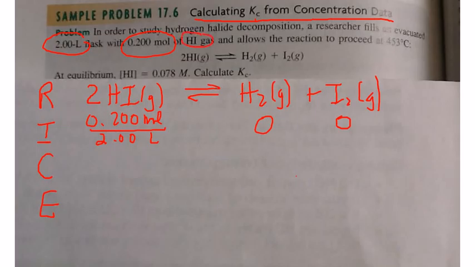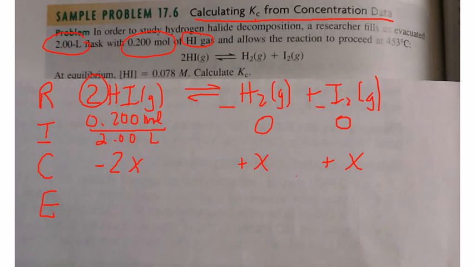Now the change in this case is minus for the HI because of course we're only going to lose HI. And because there is a 2 in front of the HI, it's minus 2x. X meaning an amount that we're going to figure out. And because the H2 has a 1 in front of it for a coefficient, and the I2 also has a 1, we simply add x of this and x of this.